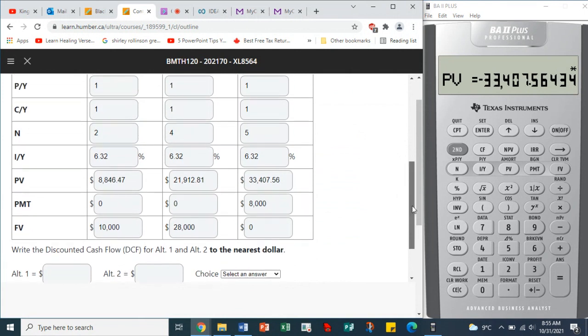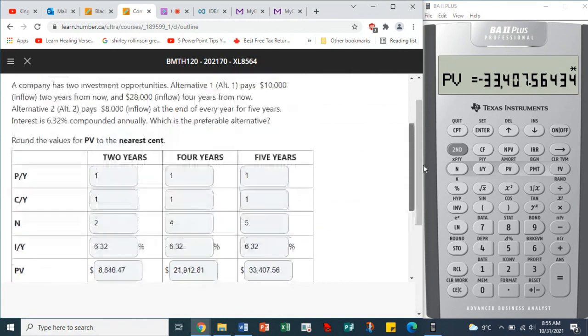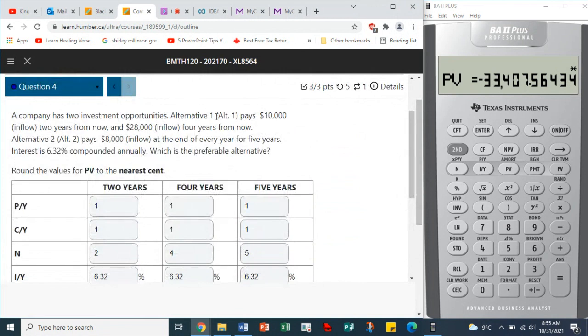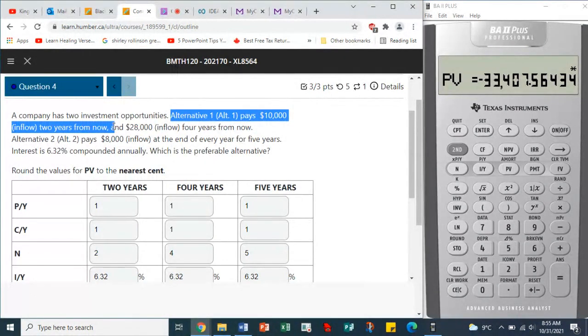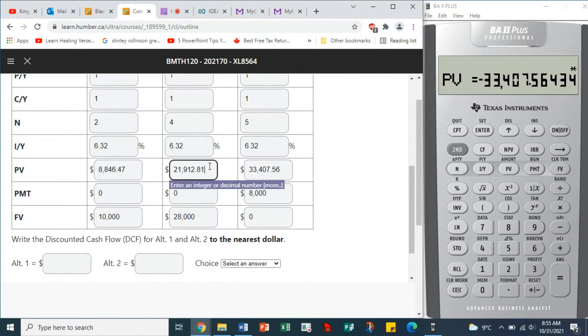Now for alternative 1, what do we do? Well, alternative 1, we had returns of 10,000 2 years from now and 28,000 4 years from now. So what do we have to do? We add these two numbers right there.